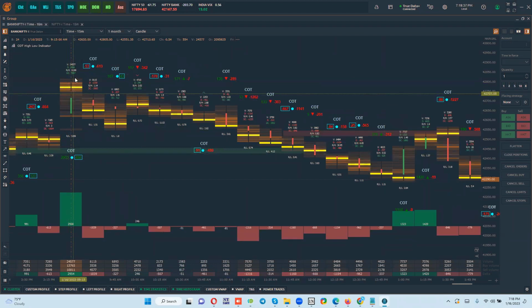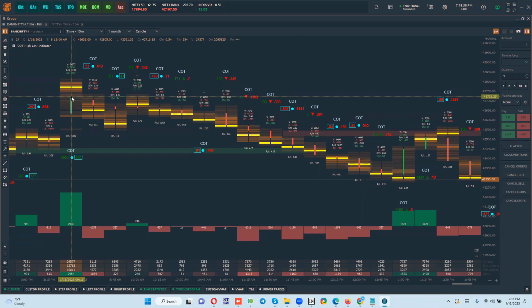Till the close of this bar, both COT low and COT high were in the green, which indicates that on the first bar there was a lot of buying interest, and the market opened at a gap, then continued to move higher and closed somewhere on the positive side.